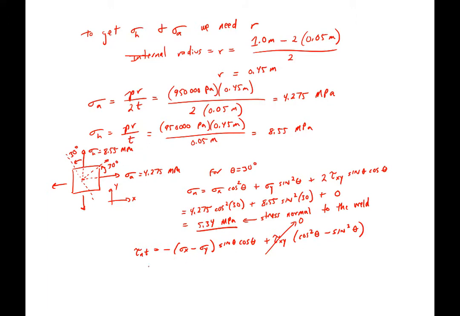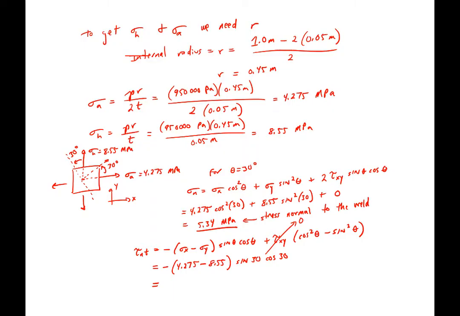So we've got minus 4.275 minus 8.55, times sine of 30 degrees, cosine of 30 degrees, and that's going to give us 1.85 megapascals. And that's our shear stress parallel to the weld.